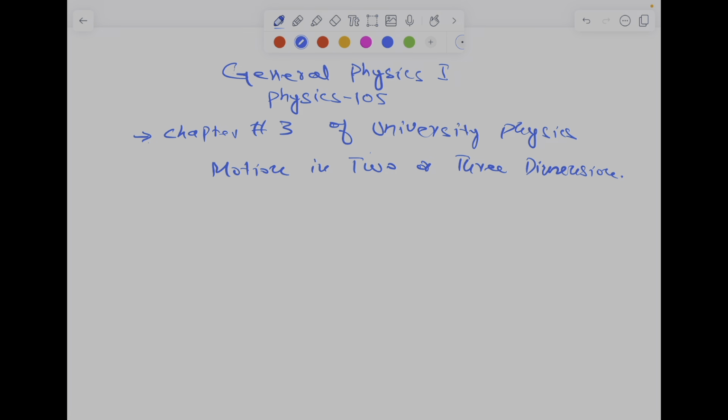So up till now, we have discussed motion in 1D. For any point in space, you need only one coordinate to specify the position of the particle.